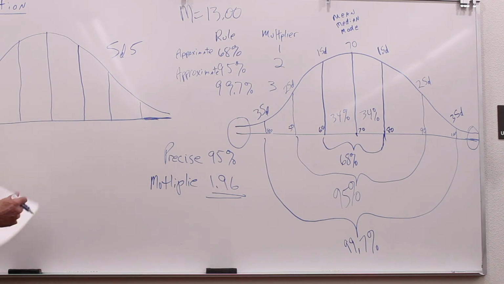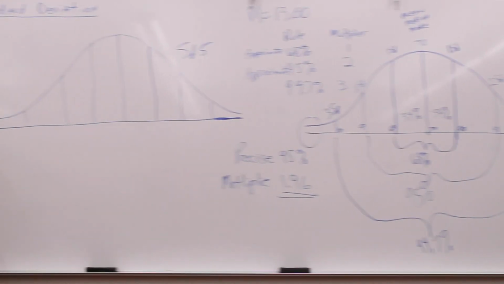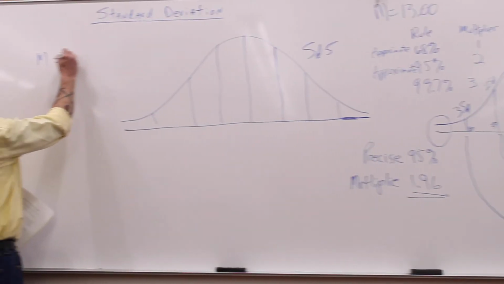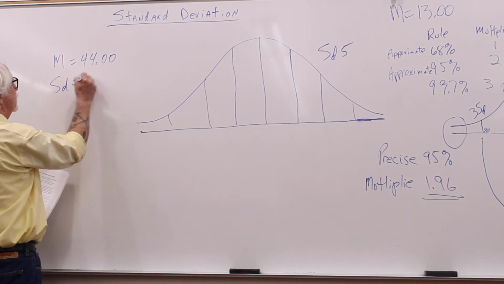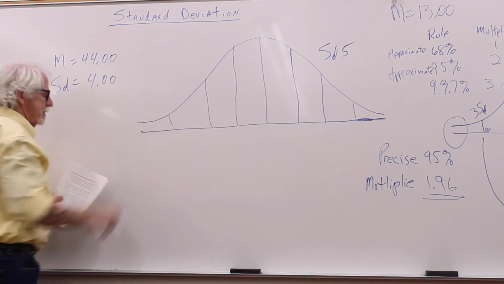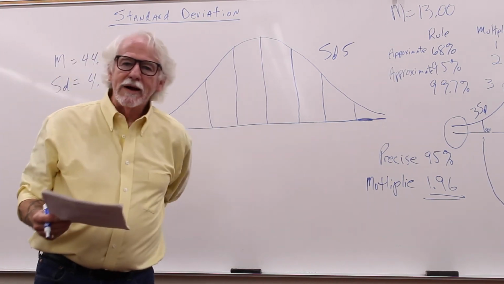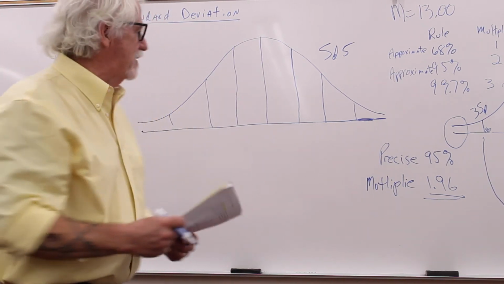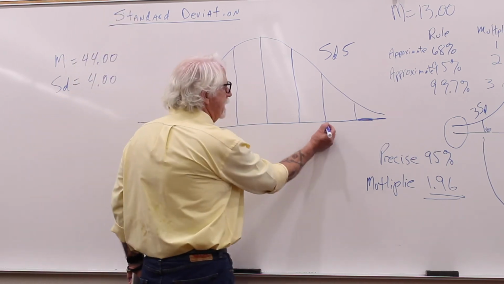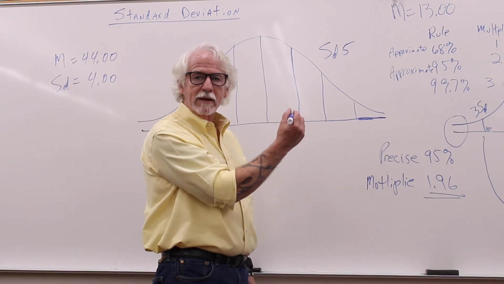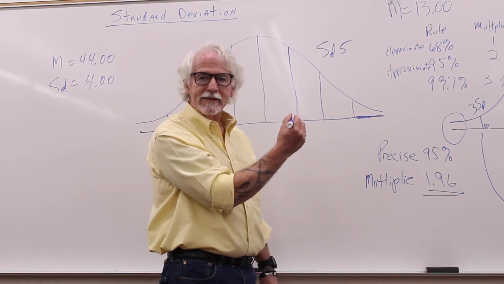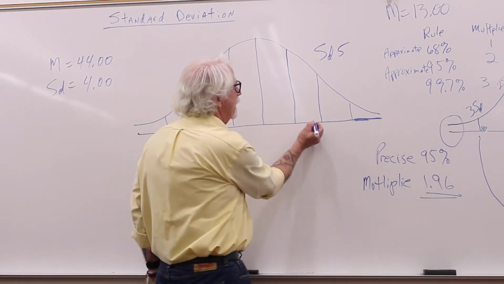If my mean is 44 and my standard deviation is 4, and I want to know where 95% of the cases lie, it's not 2 standard deviations away, it's 1.96 standard deviations away.